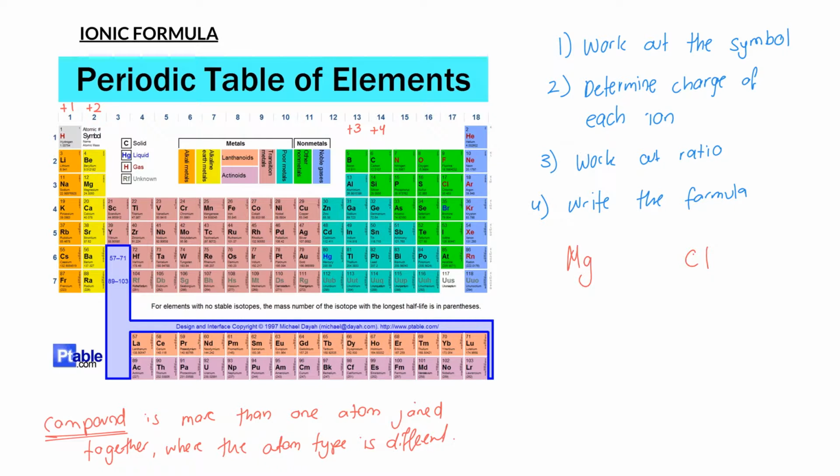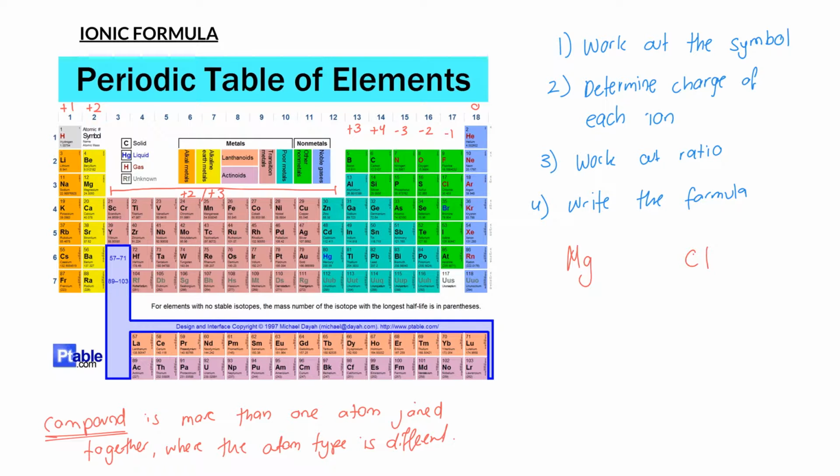And then we've got the non-metals forming minus 3, minus 2, minus 1, and 0. This section between is what we call our transition metals, and they're likely to form ions of plus 2 or plus 3. But any question using those will give you exactly the charge of that particular ion.